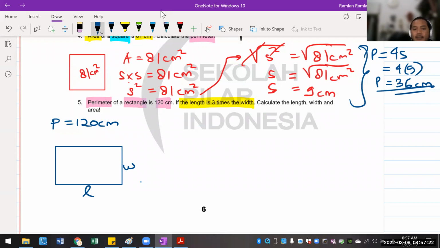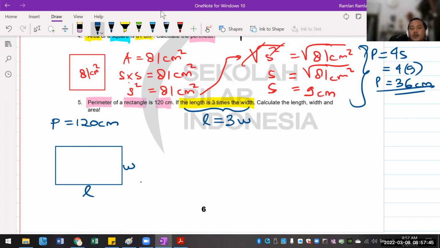If I write this down as an equation in algebra, the length is L, right? And then equal, 3 times the width, 3W. So that sentence, we can write it in algebra like this. Length is 3 times the width, so L equals 3W.